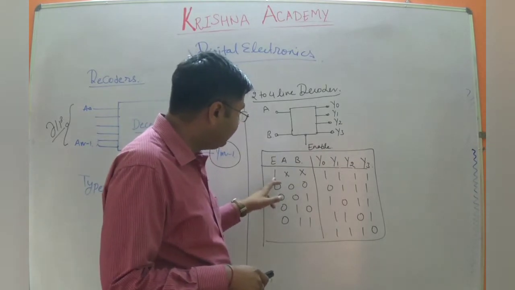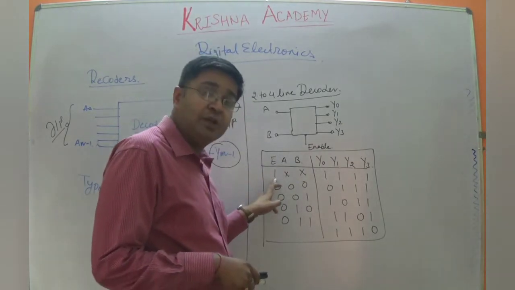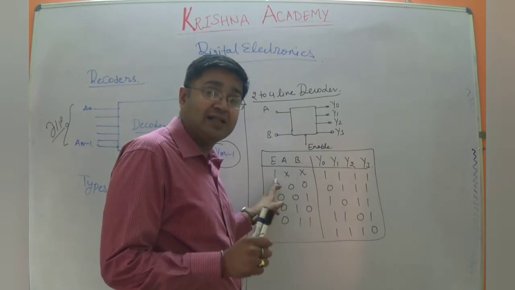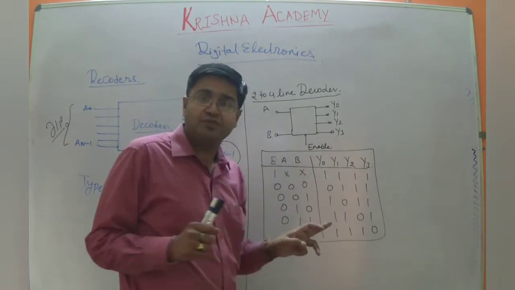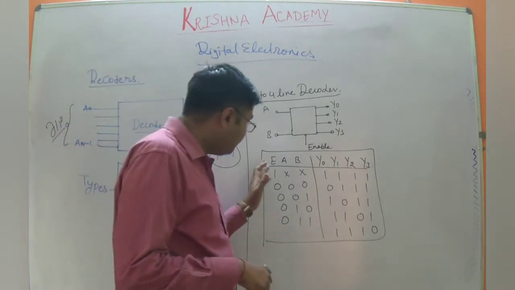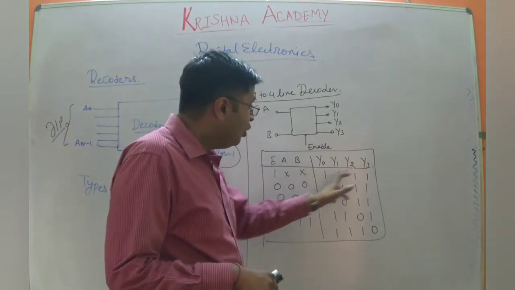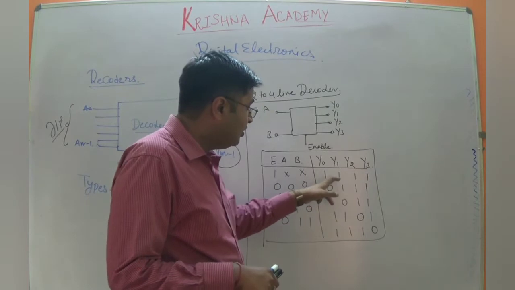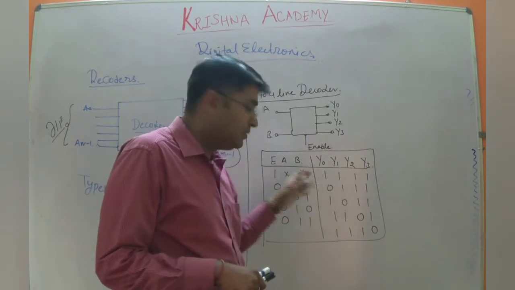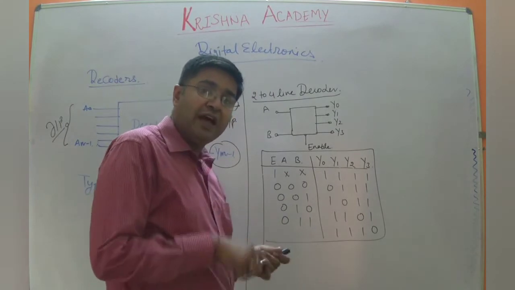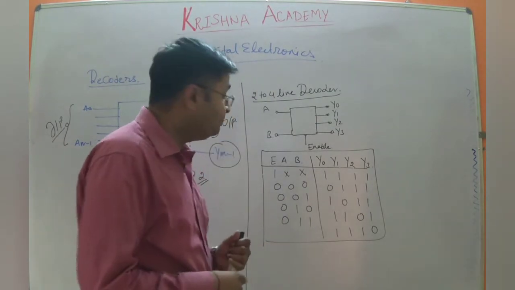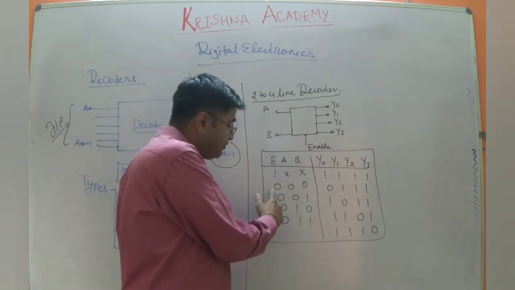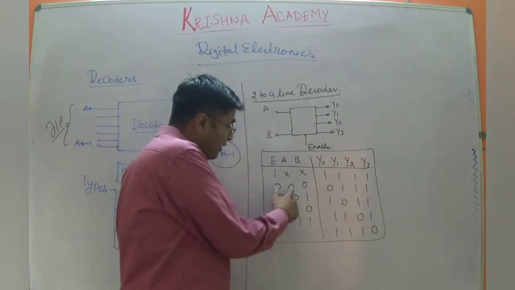When enable is on the logical high side, irrespective of inputs, the information will be transferred to all the output lines. But when enable is 0, we have the option to choose a particular line.